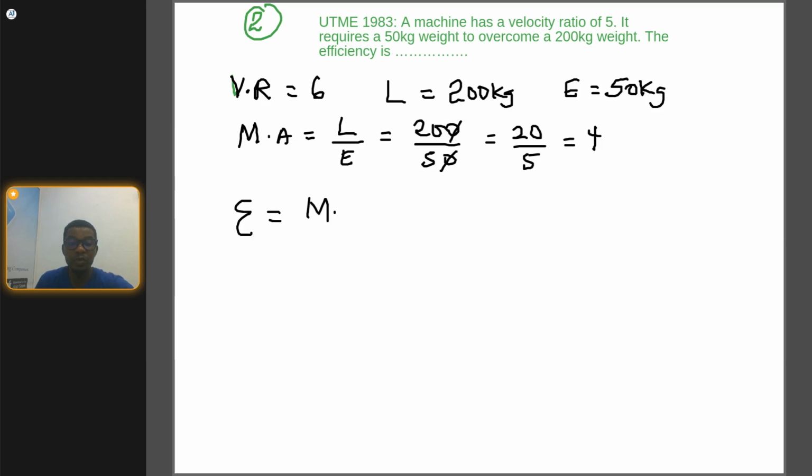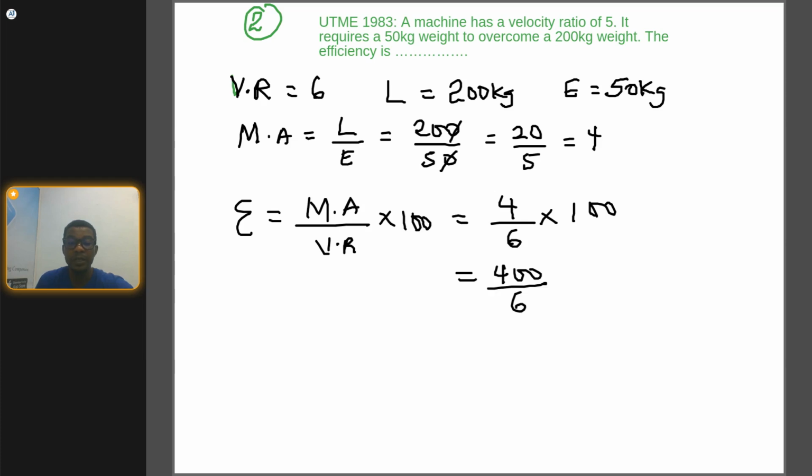Efficiency is mechanical advantage over the velocity ratio multiplied by 100, which equals 4 over 6 multiplied by 100. 4 multiplied by 100 is 400 all over 6.